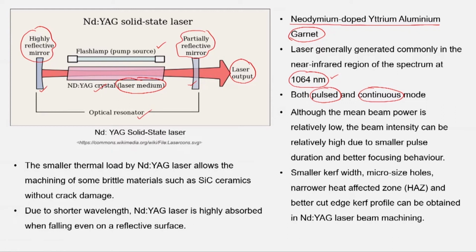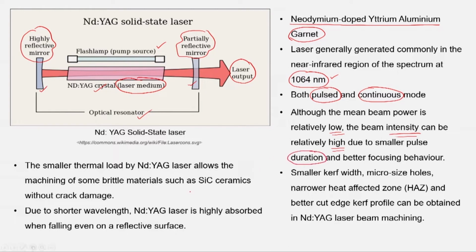Although the mean beam power in the Nd:YAG laser is relatively low, the beam intensity can be relatively high. We can have a high intensity of the laser beam by having a small pulse duration.